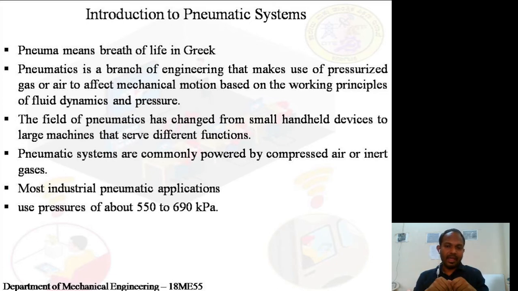The same way, when you want to break a small chocolate, we don't go for a hammer. Is it not? Likewise, hydraulics has its own limitations and applications, and pneumatics has its own advantages and limitations. So both are important and both have different fields of application.